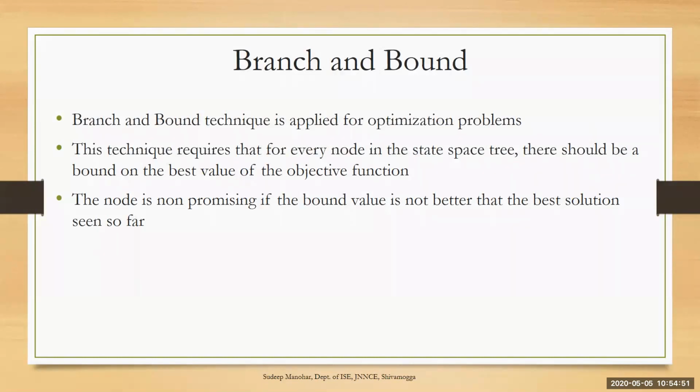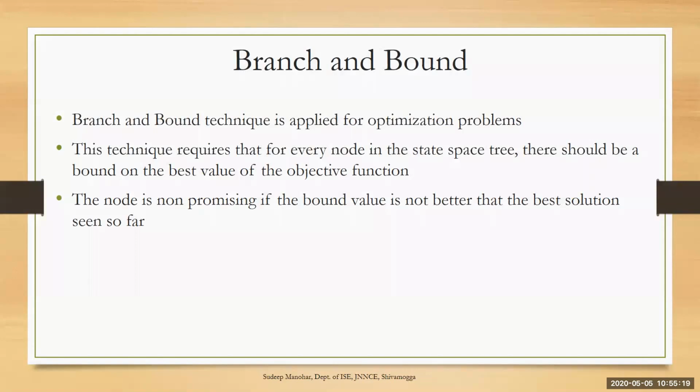We will terminate the node. Okay, so the node is non-promising if the bound value is not better than the best. If you have found the values for different nodes, then if you find that it is not better than the best solution that you have seen so far, then you will consider that node as a non-promising node. So this is some basic about the branch and bound.